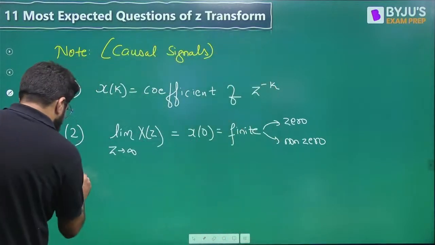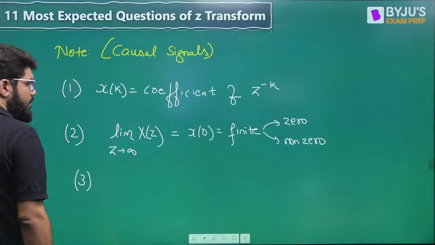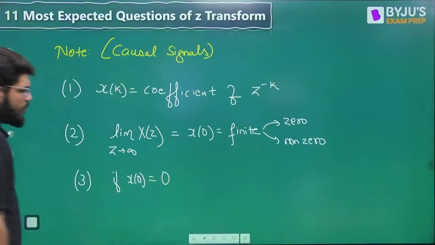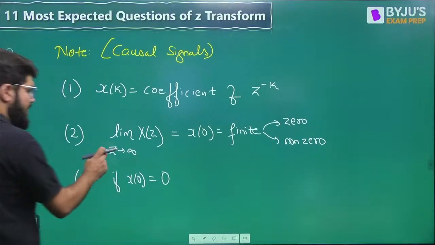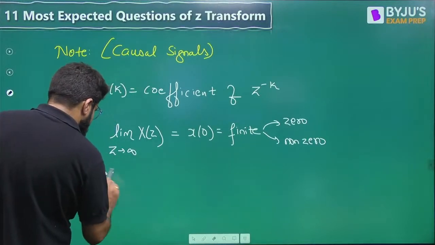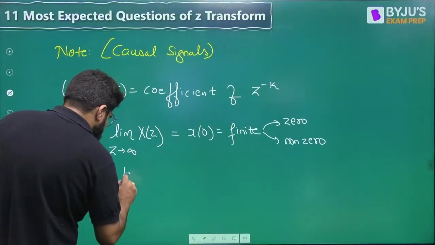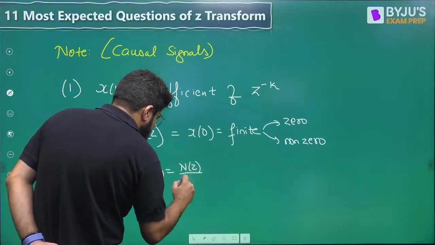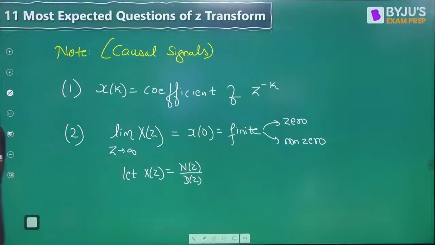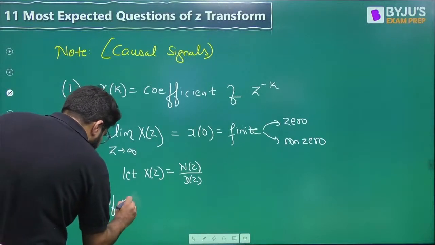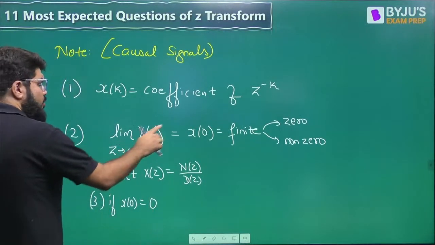Some more important points. I'm not deriving them, but I'm telling you some important tricks to remember. Let x of z be N(z) upon D(z), meaning some numerator by denominator type of expression. Third point: if x of 0 is equal to 0, limit z tending to infinity is 0.